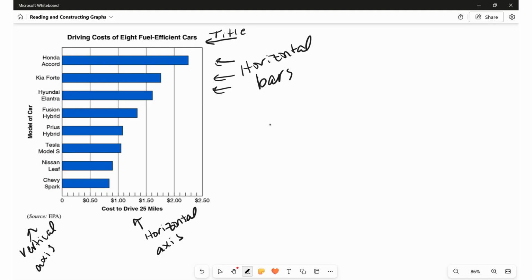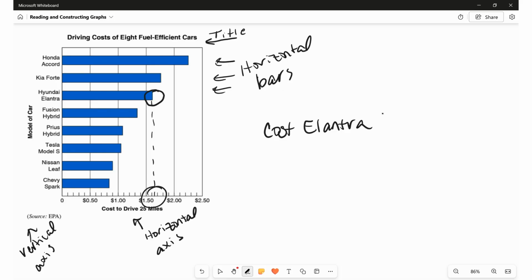So maybe we want to know what is the cost for the Elantra. Okay. Well, when we see the Elantra, it stops right here, right? So if we think about coming down, it's kind of in this area here.